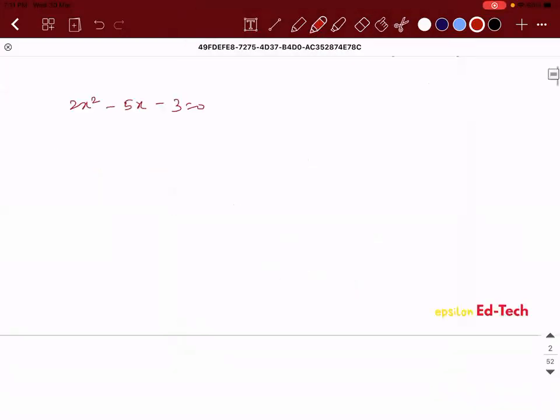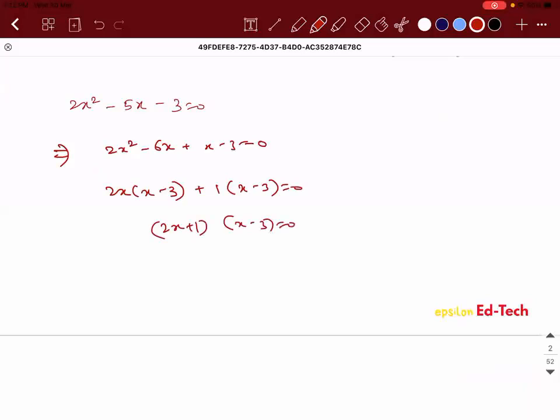You can write this as 2x square minus 6x plus 5x minus 3 is equal to 0. 2x into x minus 3 plus 1 into x minus 3 is equal to 0. So 2x plus 1 into x minus 3 is 0, which implies x is equal to minus half or 3. So this is the answer.